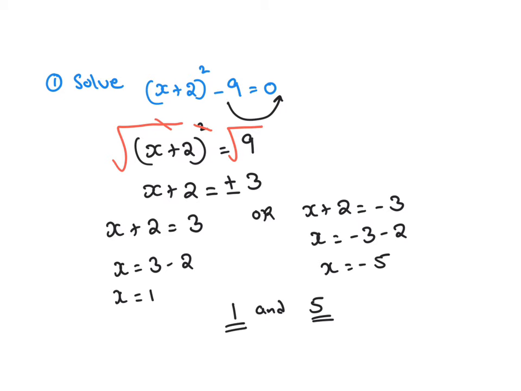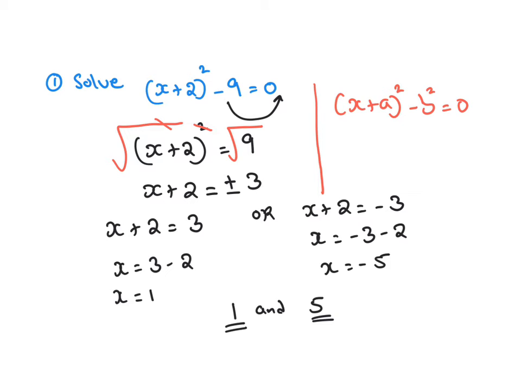And if you observe this problem, (x + 2)² − 9, the term containing the x is completely inside the square. So when this happens, it becomes very easy for us to solve it in this way. So our objective then must be to take any quadratic equation and write it in the form (x + a)² − b² = 0.